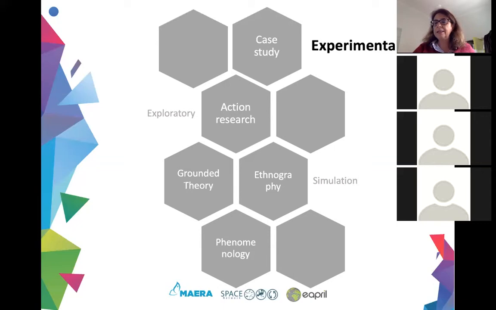In the experimental design, usually there is a control group and a test group, and individuals are randomly assigned to the two groups. One group gets the treatment, meaning this is the test group, and the other one is the control group that does not get the treatment. There is also a pre-test and a post-test for both groups in a traditional experimental design.